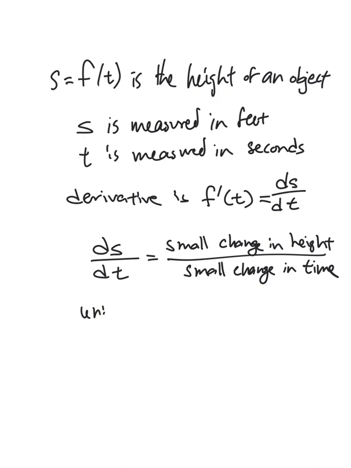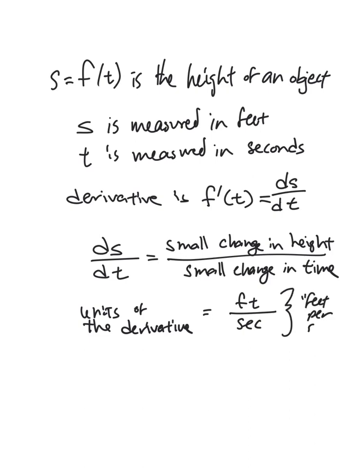Therefore, the units of the derivative will be the units of a small change in height, feet, over a small change in time, seconds. One way we say this is feet per second, which sounds like a unit of velocity, which it is. That's because the derivative of the distance function is a velocity. So that's how we can use this change in height over change in time to help us.